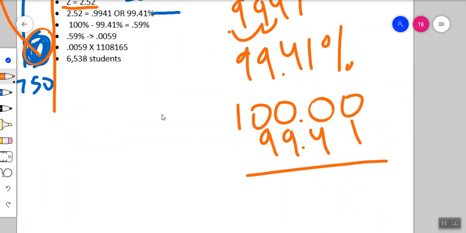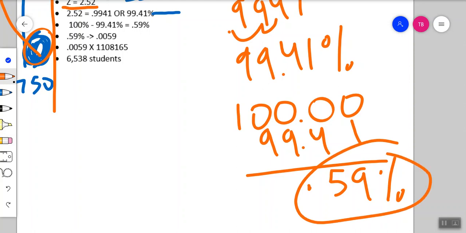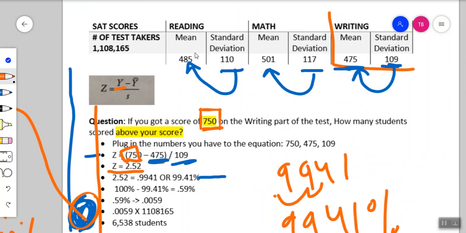So 100% minus 99.41 is 0.59%, a very small amount of students who scored above. But it's asking how many students, so we're not looking for percentage. It didn't say what percentage of students, it says how many, so we're going to multiply it by our total number of test takers.